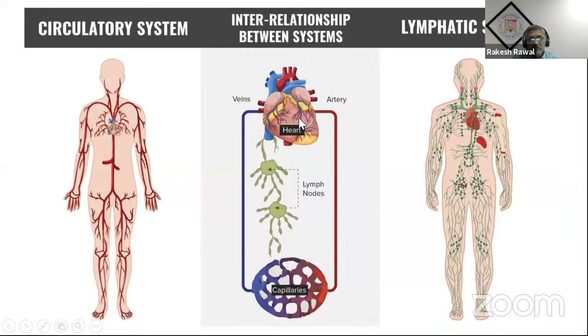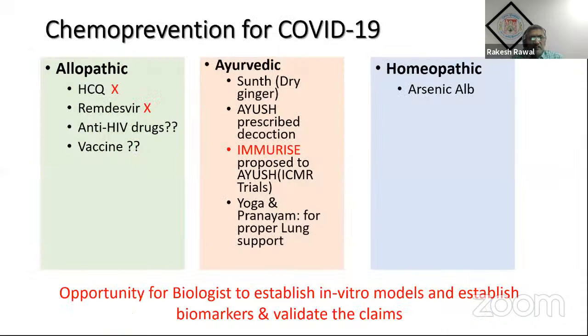These are always in constant interaction, an interrelationship between the circulatory system and the lymphatic system, and ultimately they make you more immune, or more prone to infections. Right. So then the question arises: is there any way to prevent this?